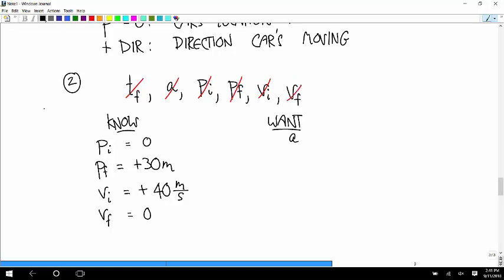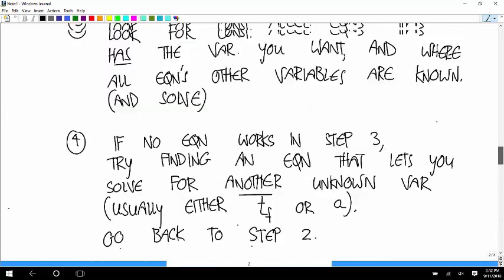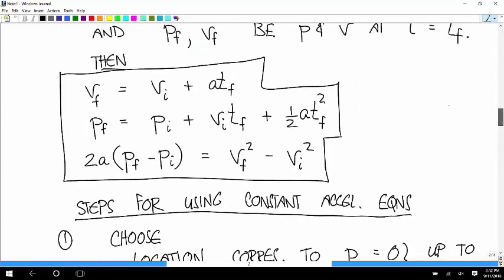And now we need to go back up to those 3 equations and look for one of them. We're hoping one of those has A in it, and everything else that's in it is known. Okay, so we know both positions, both velocities, and we want the acceleration. So let's look back at these one by one.